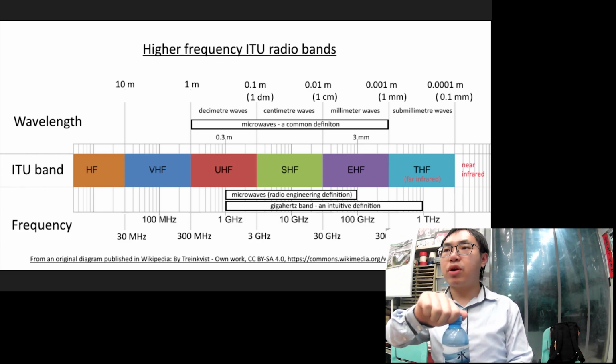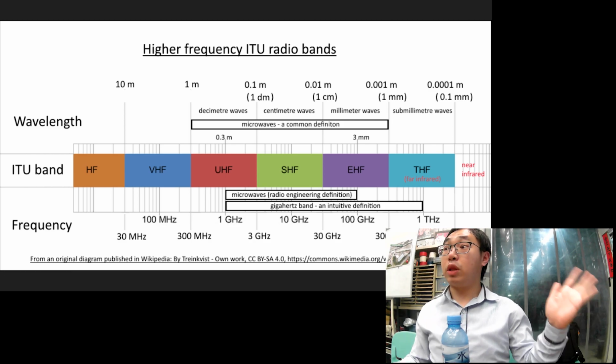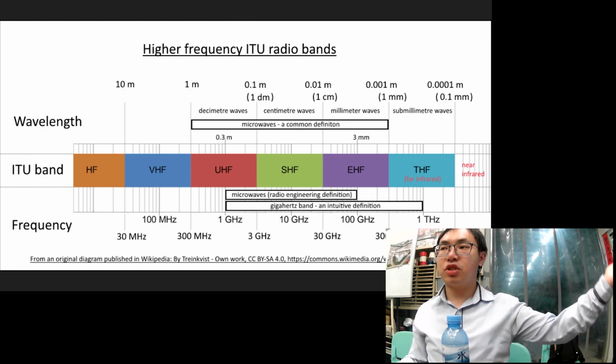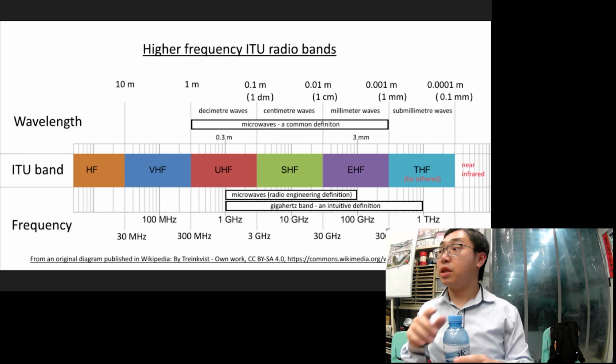It gives you a very good illustration of the ITU band, the relationship between the band name, frequency, and wavelength, all in one. But it appears in high frequency. So that's why I still put it here.